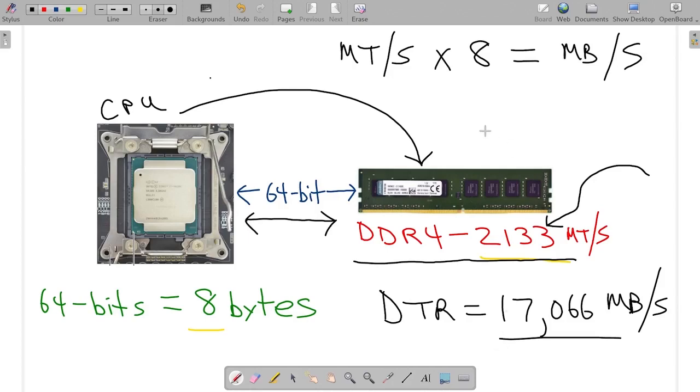So, for example, this module standard is DDR4-2133, but the module name would be PC4-17,000. And you might see it read as 17,066 also. That would be the actual module name for this RAM. So there's a little data transfer rate calculation for DDR4.